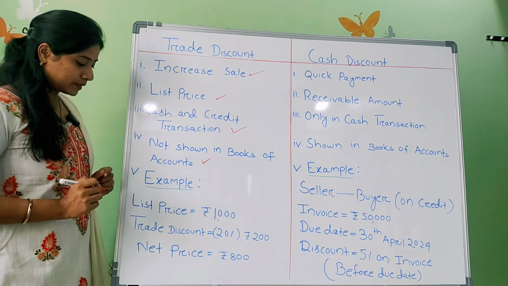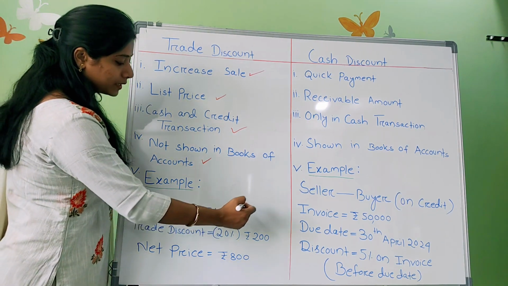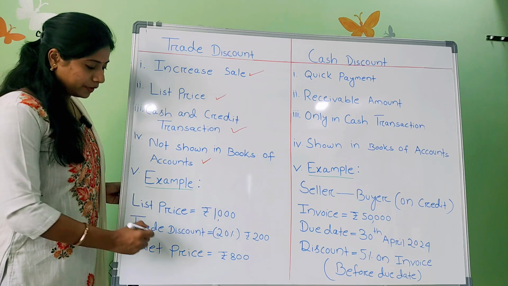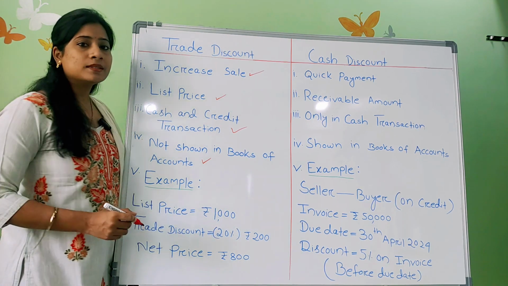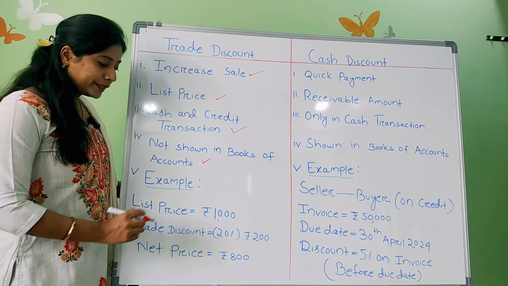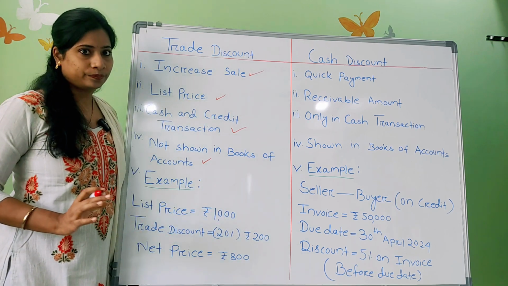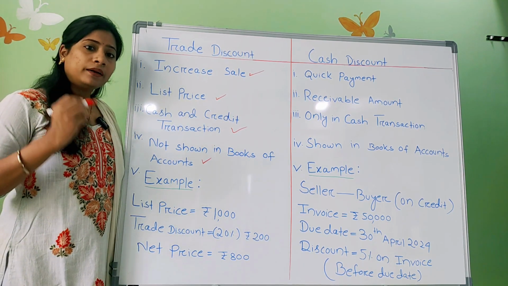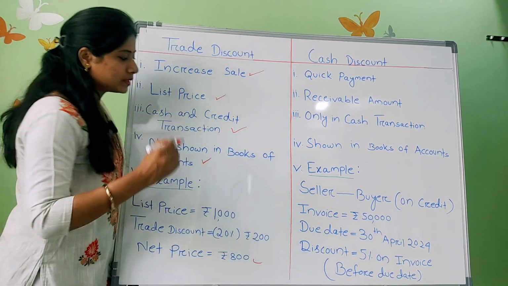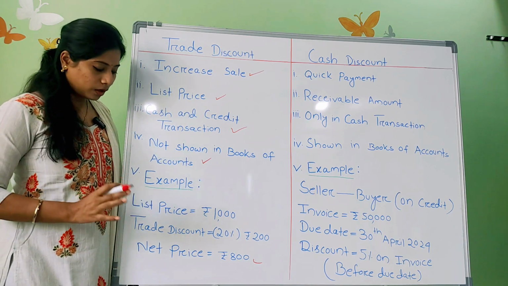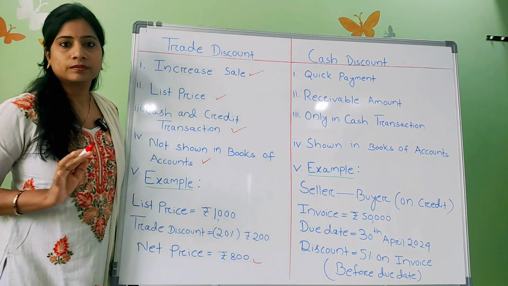Okay. For example, list price of a product is rupees 1000 and trade discount is 20% means 200 rupees. So here net price is 800. Okay, and we record this 800 rupees in books of accounts, not the trade discount amount.